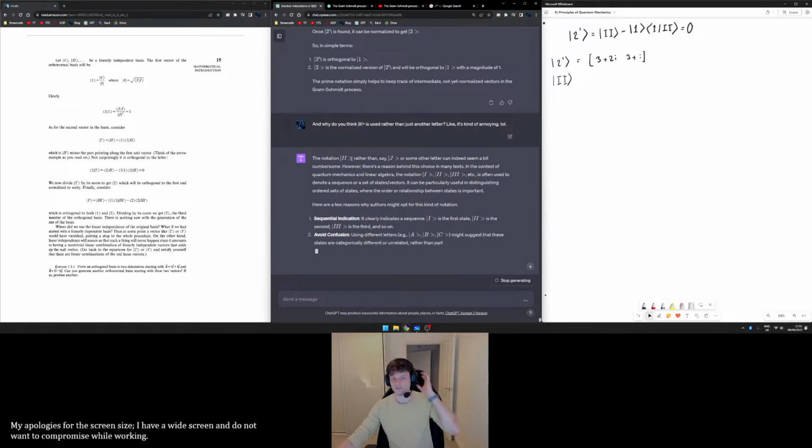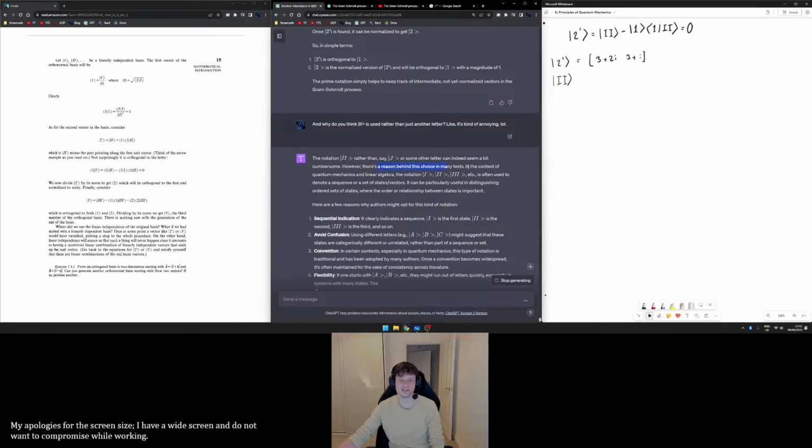The notation of II rather than, say, J or some other letter can indeed seem a bit cumbersome. However, there's a reason behind the choice in many texts. In the context of quantum mechanics and linear algebra, the notation I, etc. is often used to denote a sequence or a set of states, vectors. It can be particularly useful in distinguishing ordered sets of states, where the order or relationship between states is important.